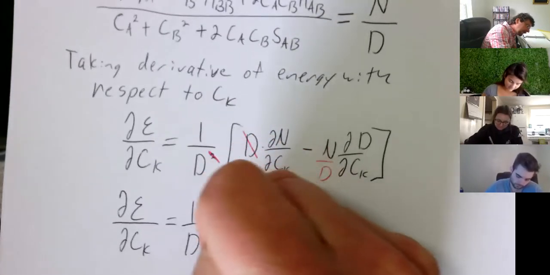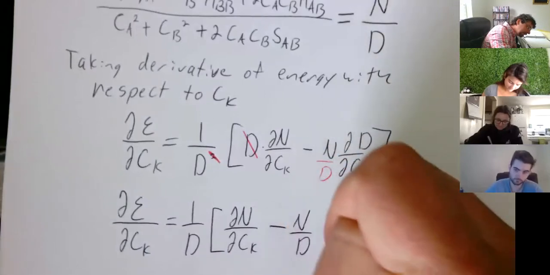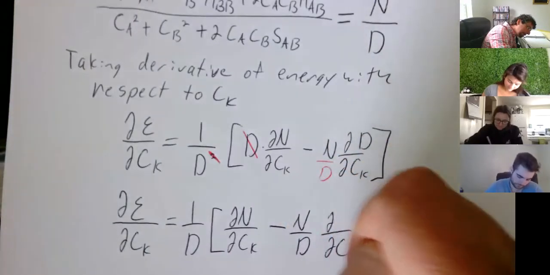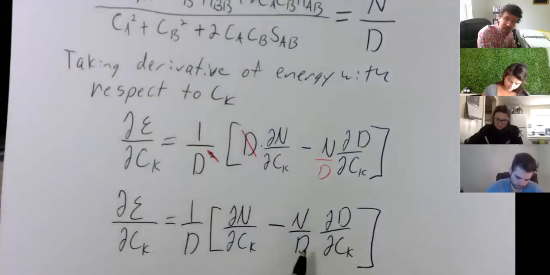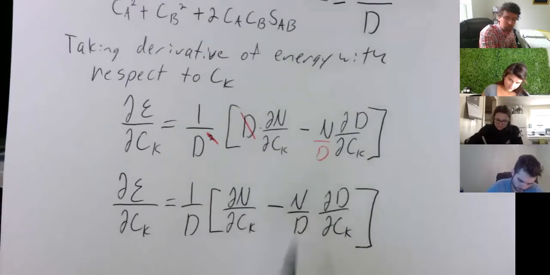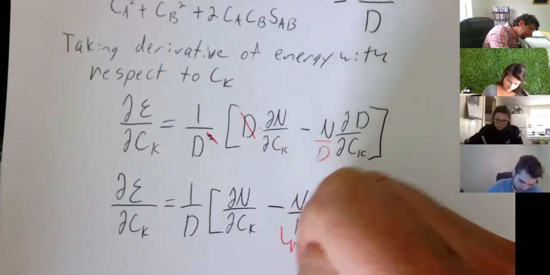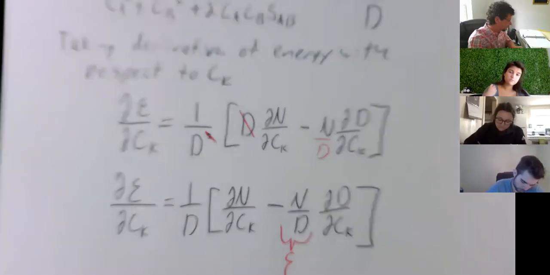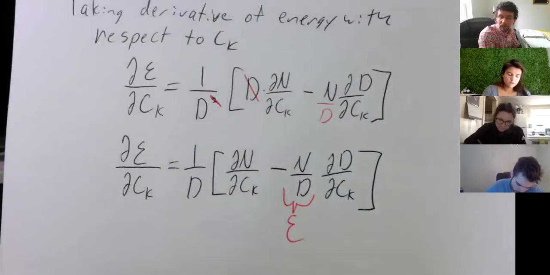That makes this a little bit easier to solve. And then this expression, we've seen it somewhere before. That's the E thing. What is that called? Epsilon. Yep, that's epsilon, curly E.